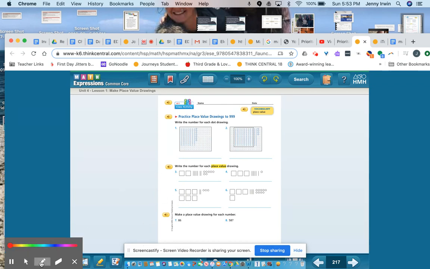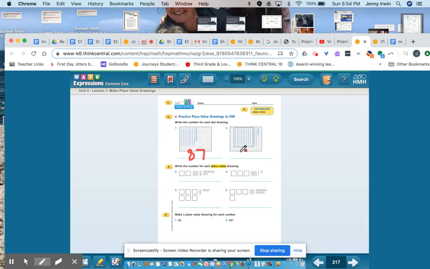So that first one, if you count the 10 sticks, count by 10s, 10, 20, 30, 40, 50, 60, 70, 80. And then you count your 1s, and we have 7. This one has a 100 square, and it's showing you that a 100 square is the same thing as 10 tens.